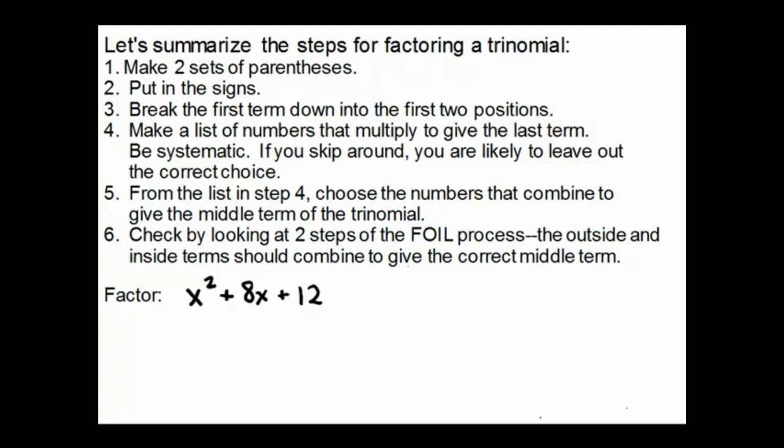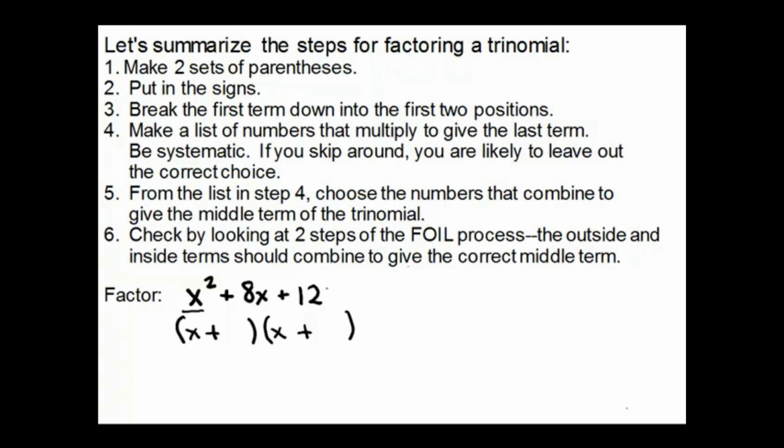Let's use these rules to help us factor this trinomial, x squared plus 8x plus 12. So first we'll do two sets of parentheses. And for right now, your signs are still plus. We want to break down the x squared into the first two positions.